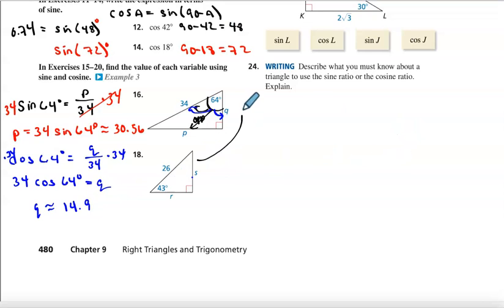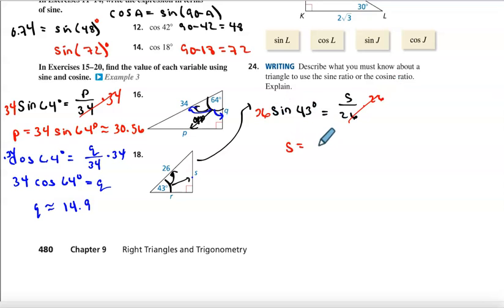Yeah, we'll do number 18 over here. Okay, so my angle is 43, opposite 43 is S, and the hypotenuse is 26. So the sine of 43 degrees is equal to the opposite over 26. Multiply both sides by 26.